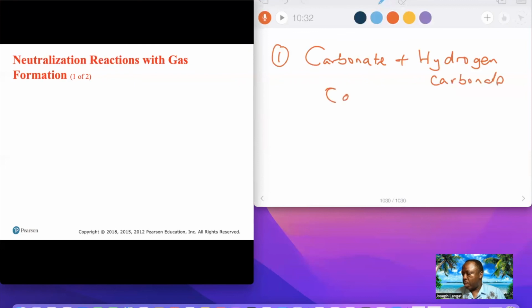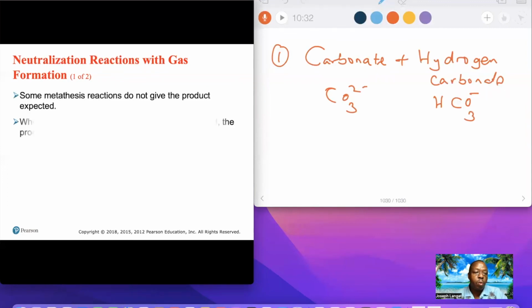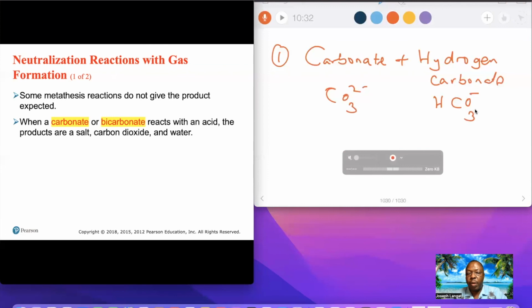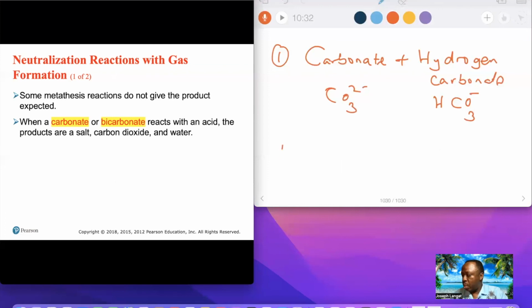This is CO3 2-, and then there is hydrogen carbonate. In the same way, you will write the net ionic equation for the neutralization reaction. This reaction contains carbonates and bicarbonate. Bicarbonate is hydrogen carbonate.